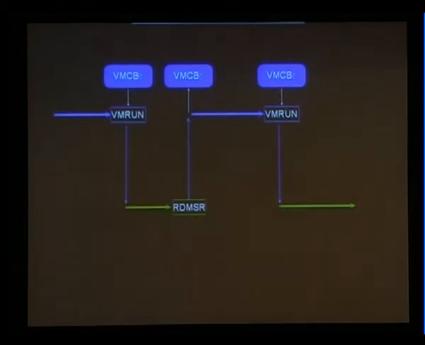So when the CPU encounters the VMrun instruction, it stops the execution of the hypervisor and begins the execution of the guest until it meets some VM exit. Let's say we have to intercept the RDMSR instruction.